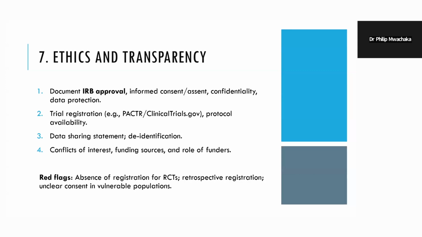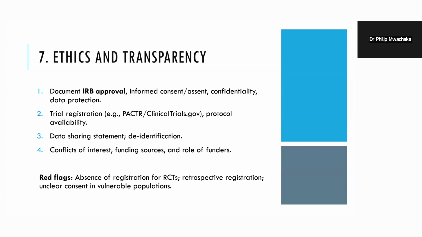And then you also need to state that there's some form of consenting. So did you have informed consent? And was there assent? For example, in children who are older, you need some form of assent, even if maybe their next of kin or their parents gave consent.